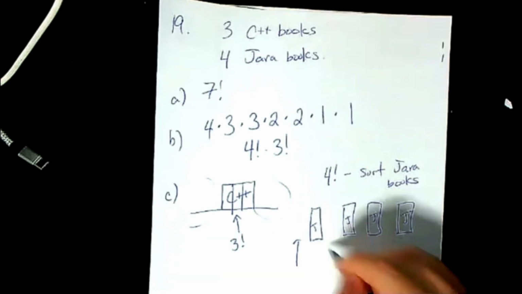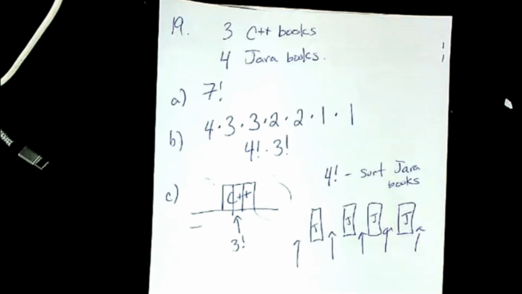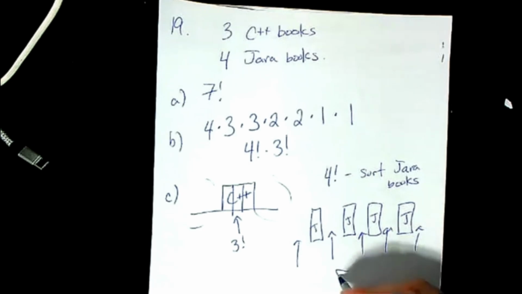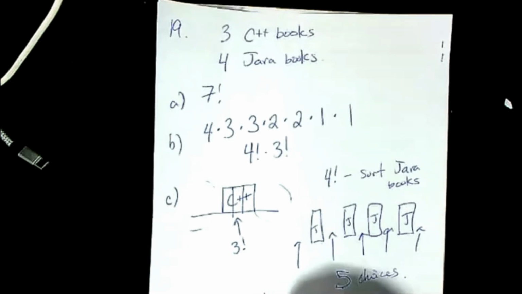It can either go here, or here, or here, or here, or here. Right? So what I've got there is 1, 2, 3, 4, 5 choices to put it. And so what's the answer? Well, 5 times 4 factorial times 3 factorial.